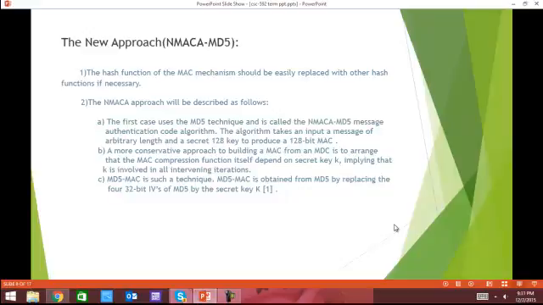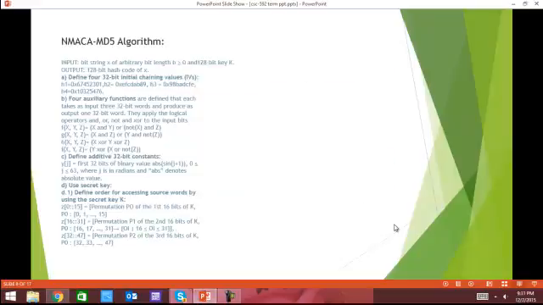This is a more conservative approach to build a MAC from an MDC. The MDC-MAC technique replaces the four 32-bit initial values of MD5 by the secret key K. Coming to the algorithm, the input takes a 128-bit K, and the output is a 128-bit hash code of X.